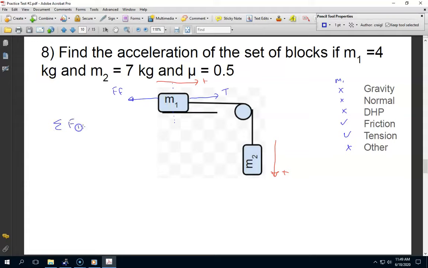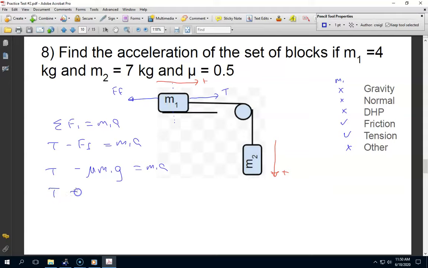And we'd write the sum of the force on mass 1 equals mass 1 times A. That'd be T minus F sub F equals M1A. I don't know T. I do know that the friction is going to be mu M1G, and that's equal to M1A. And here come some numbers.